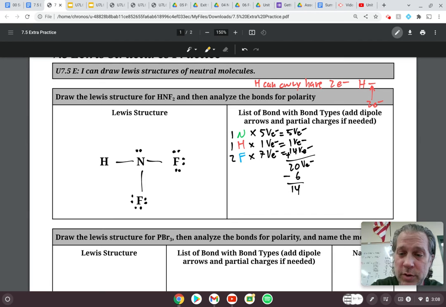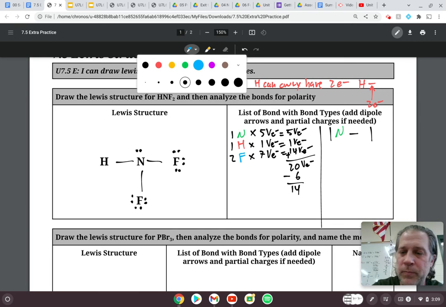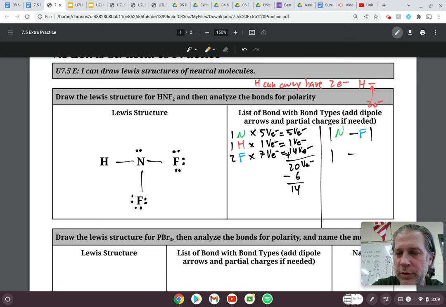The next thing we need to do is identify whether or not we need to draw dipole arrows and partial charges. There's really only 2 types of bonds here. There's a nitrogen and fluorine bond, so I'll do that one first.